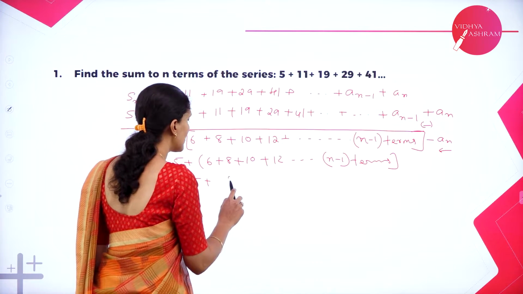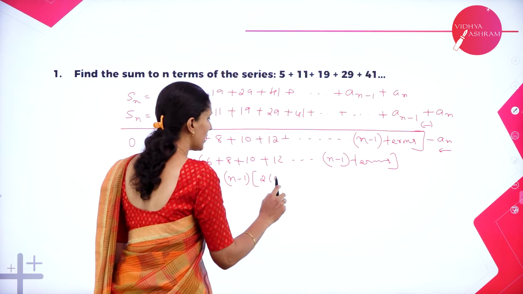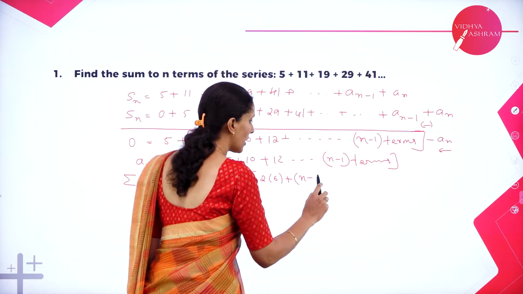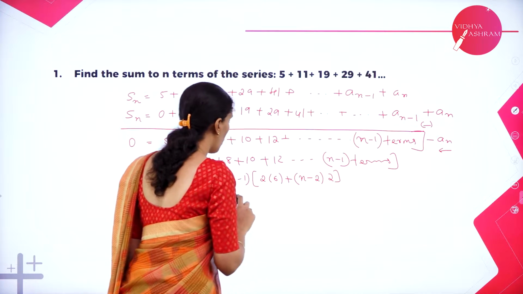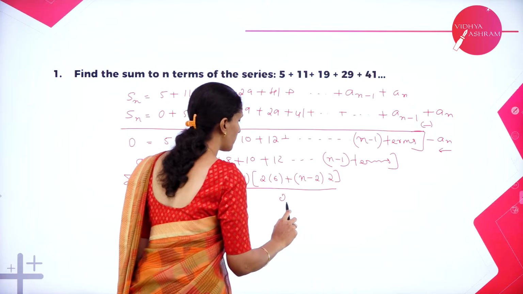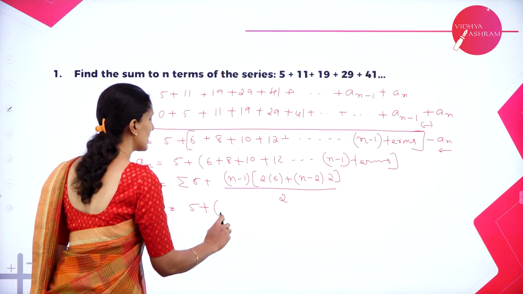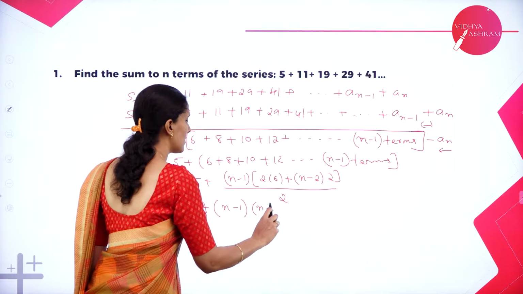So, we write it as n minus 1 into 2 into 6 plus n minus 1 becomes n minus 2, difference is 2, whole divided by 2. So, when you solve this, it becomes 5 plus n minus 1 into n plus 4.